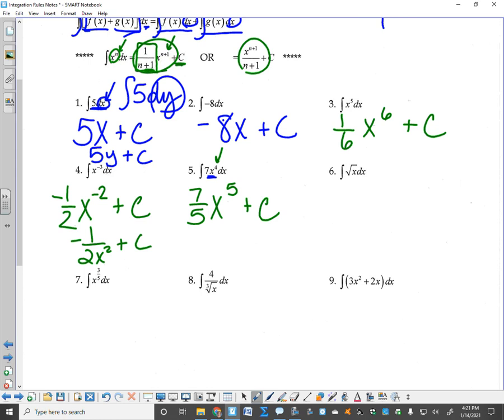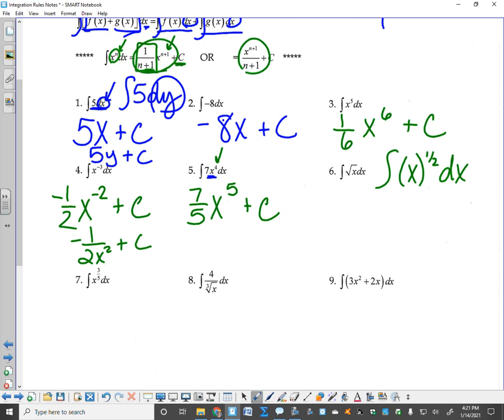Okay, number 6, I'm going to prep him. I'm going to add 1 to my power. That would be 3/2. I'm going to bring it out front, and put it under 1. When you put a fraction under a 1, it's just going to flip it.